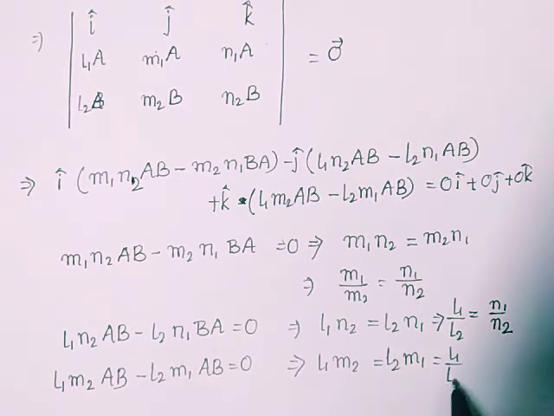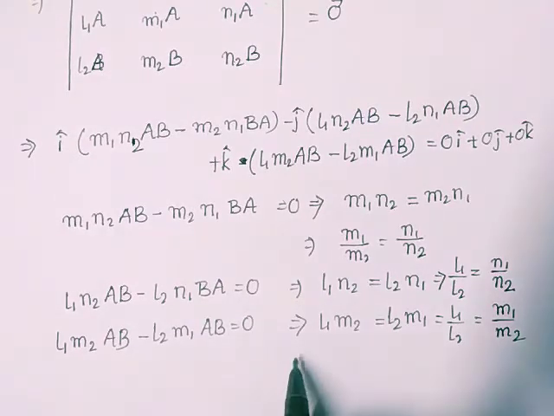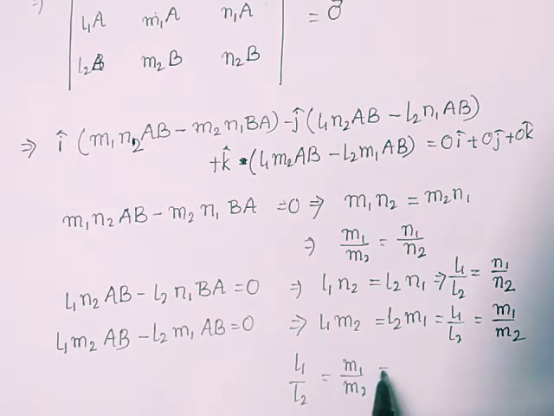So L1 divided by L2 equal to M1 divided by M2. So from these three relations we can write a continued relationship, that is L1 by L2 equal to M1 by M2 equal to N1 by N2.